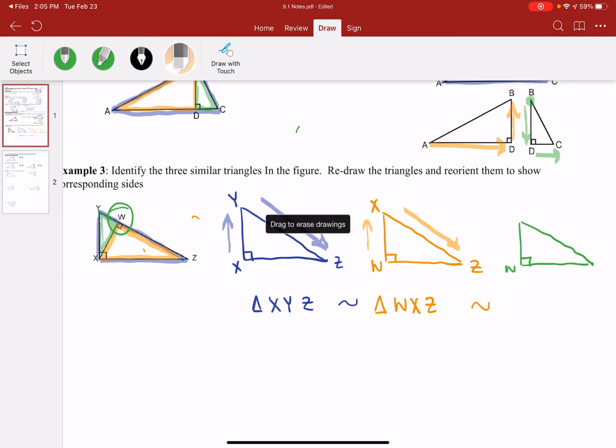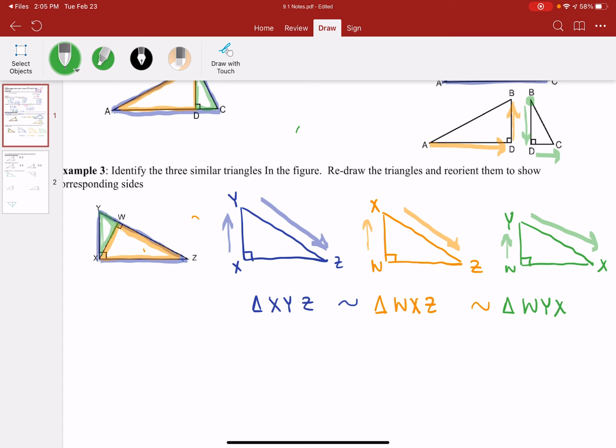Then my shortest side here goes from W to Y and across that hypotenuse to X. So that's how that would be labeled. So then when I name this, we again want to follow that same pattern. Start at your right angle, which is W, to Y, across your hypotenuse to X. So triangle WYX.